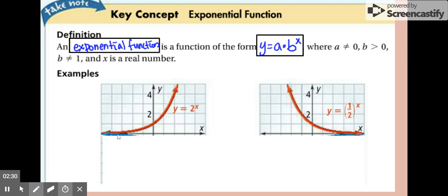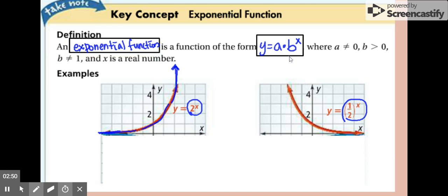For example, y is equal to 2 to the x, or y is equal to 1/2 to the x power. So an exponential looks like this. It increases really slowly, but at some point it just spikes, increasing really fast.